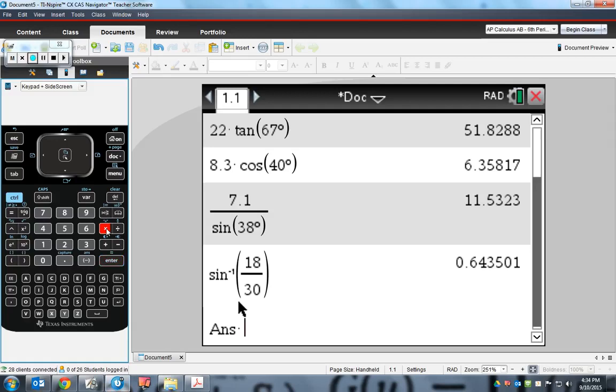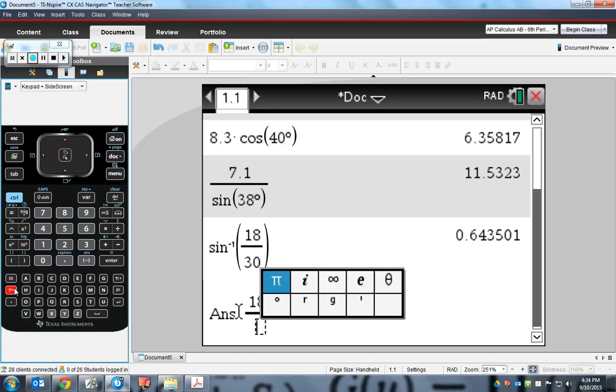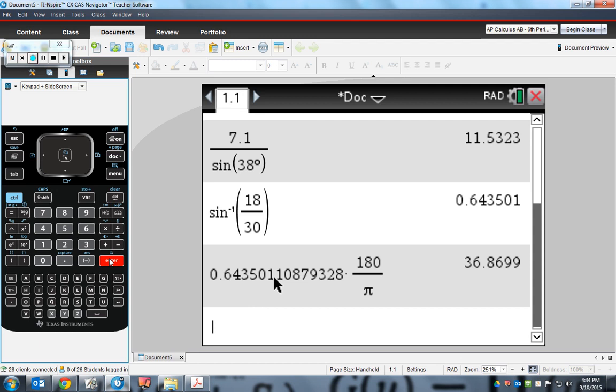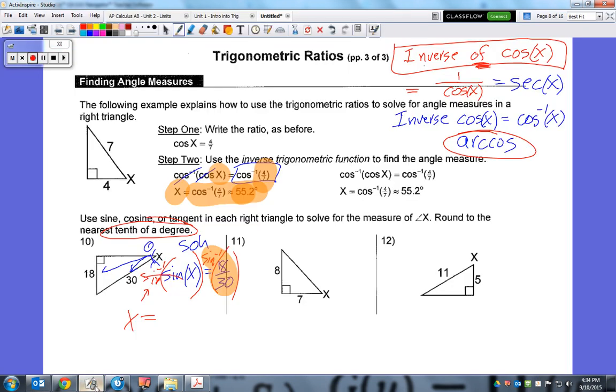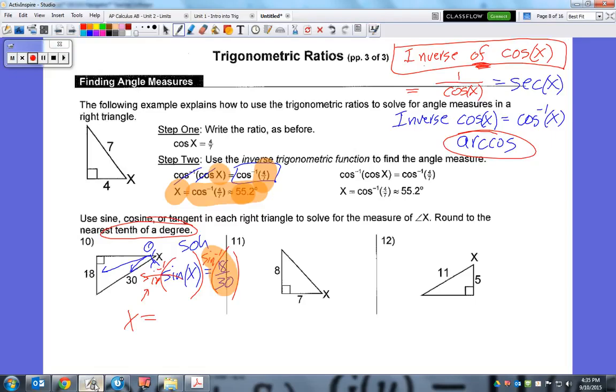So I can, let's say, answer times 180 over pi. It's basically converting it over to degrees. Control Enter, and I get 36.9, rounding to the nearest tenth. So 36.9 degrees.